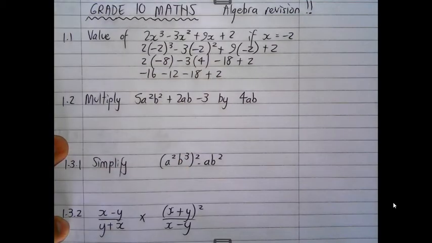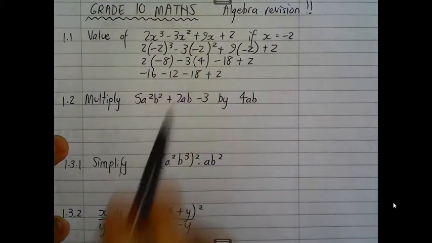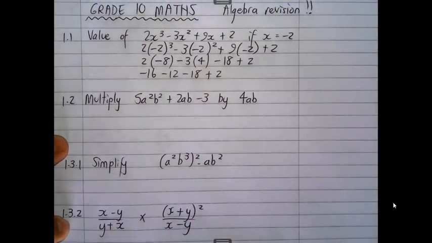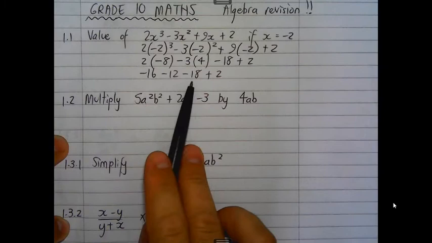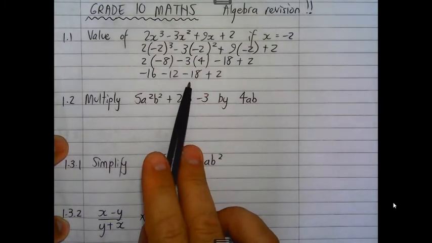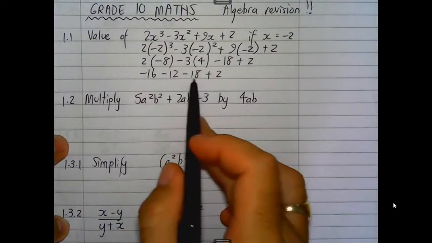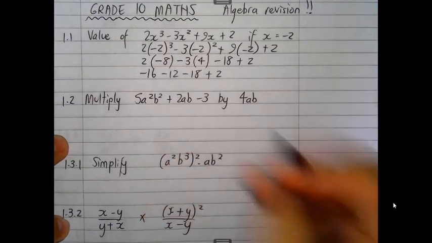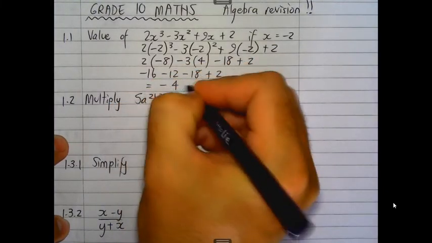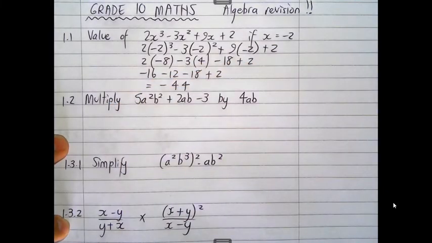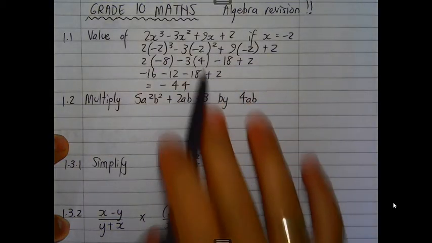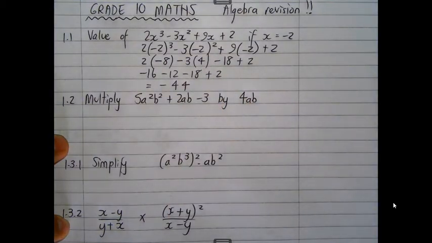Negative 28 subtract a further 18 will give you negative 46. You're becoming more negative. And negative 46 plus 2 is going to give you your final answer of negative 44. Okay, use your calculator to guide you if you're a bit nervous, but you have to show your calculations.